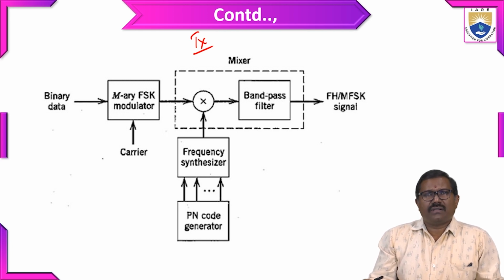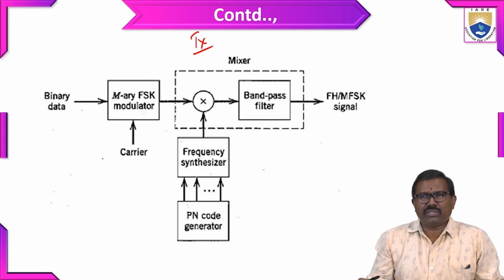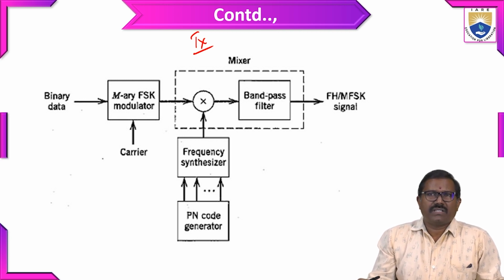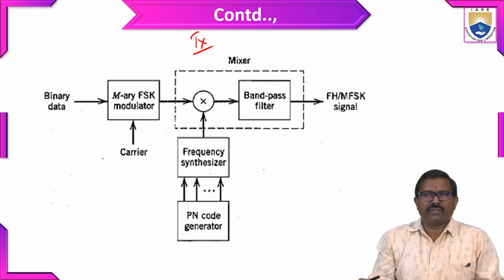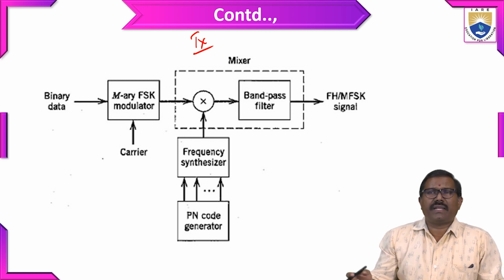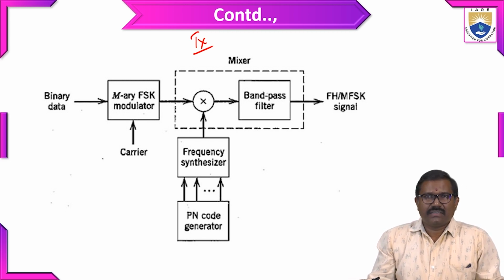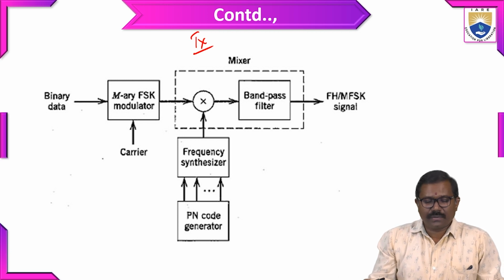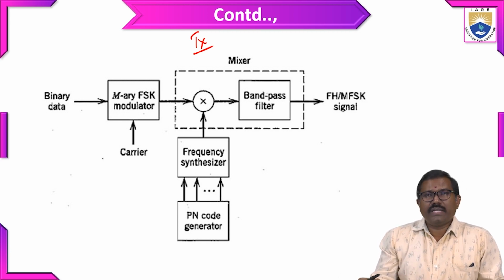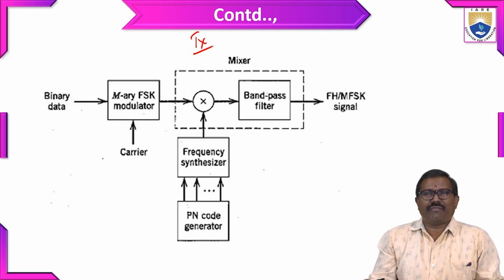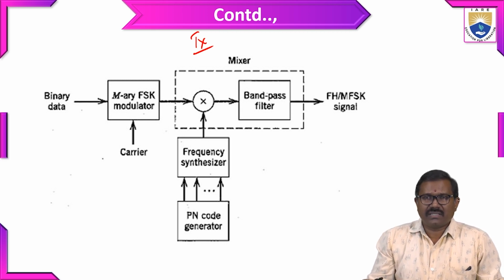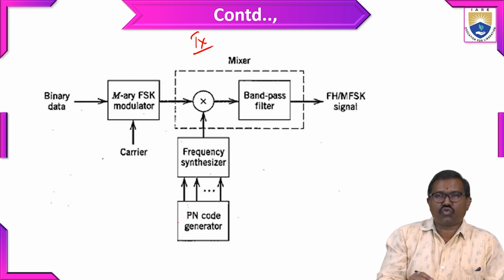After the MFSK modulation, the signal enters into the mixer. The mixer is a combination of a product modulator and a band pass filter. One input to this mixer is the frequency synthesizer, and the frequency synthesizer takes its signal from the PN code generator, which is a pseudo noise code generator.